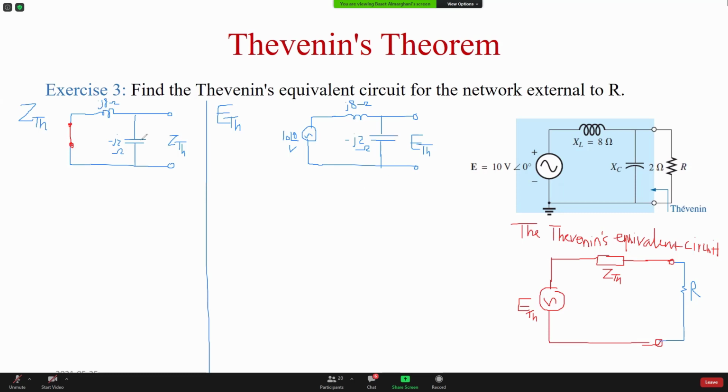Now, when we look here, there are two impedances connected in parallel because this end is connected to this end, and that end here is actually connected to this end here. Parallel connected. So the total impedance is actually, you can do it this way, the way maybe you're used to.